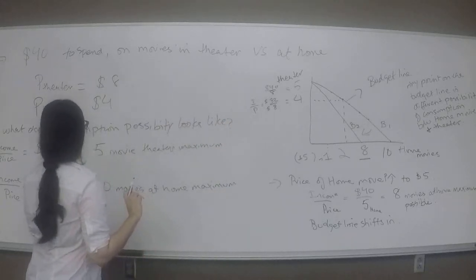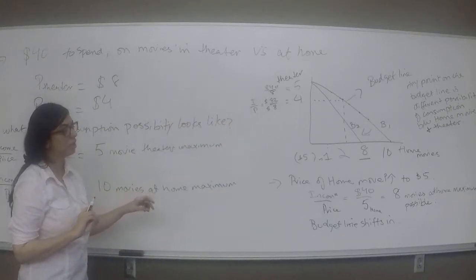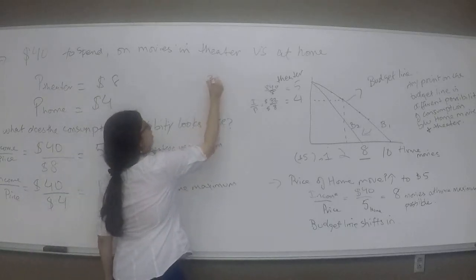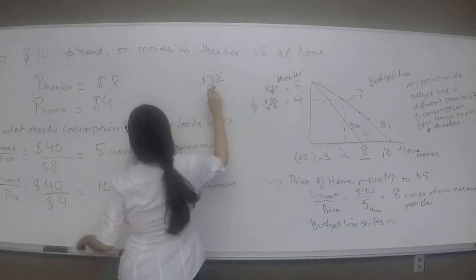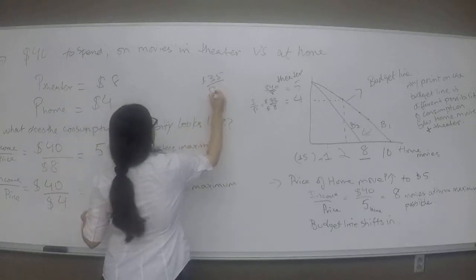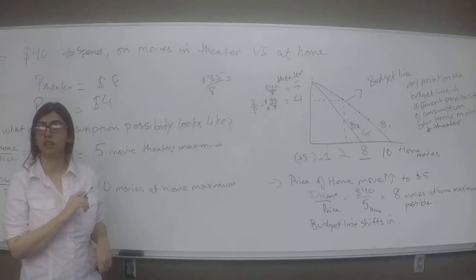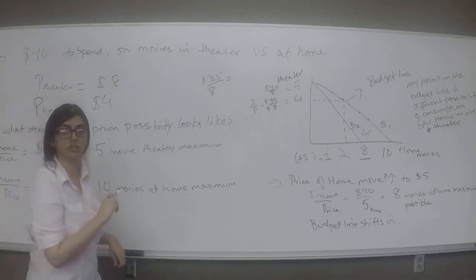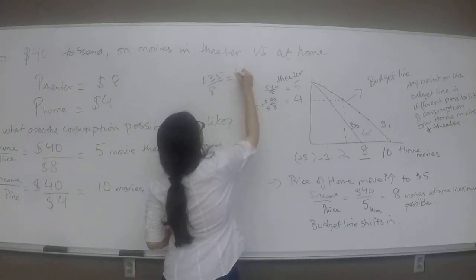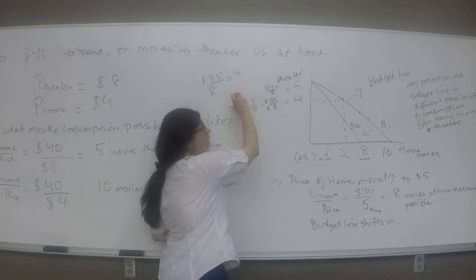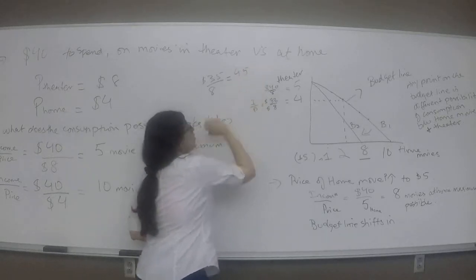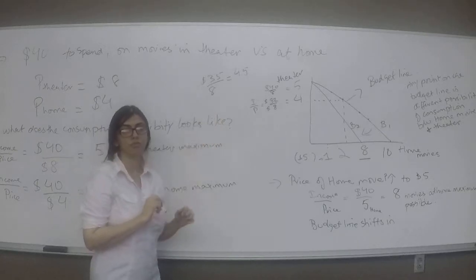So with $35, how much theater can you watch? 35 divided by $8. What is that? 4 times 8 is 32. So 4 point something. Okay, so 4.5 or so times you can watch movies.